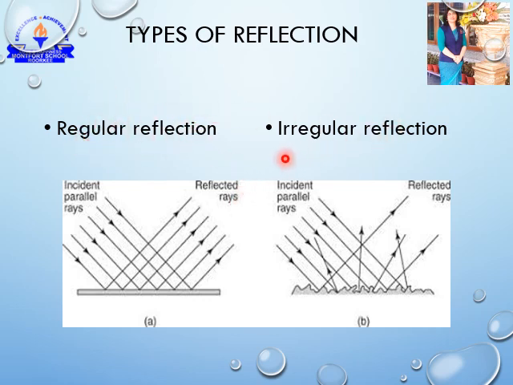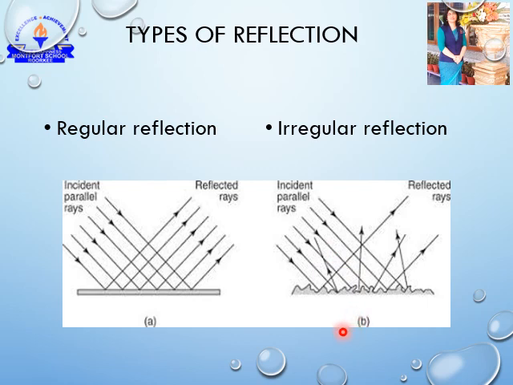Now, in irregular reflection, the reflection of light from a rough or irregular surface takes place in a random manner. You can see here that when the incident rays fall on a rough or a bit irregular surface, they are bouncing back in different directions.